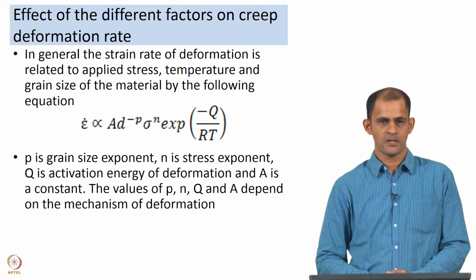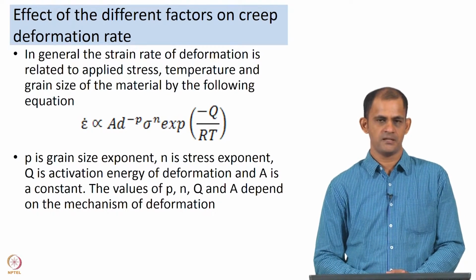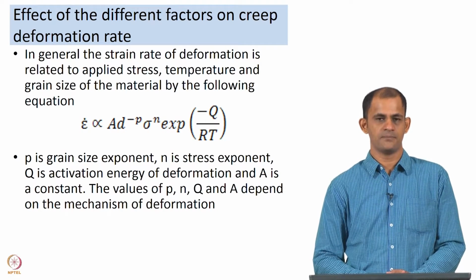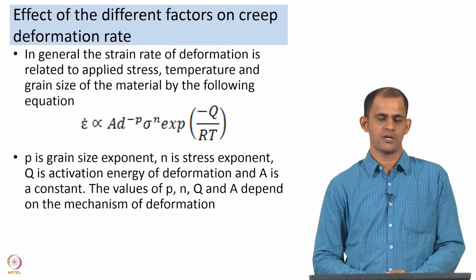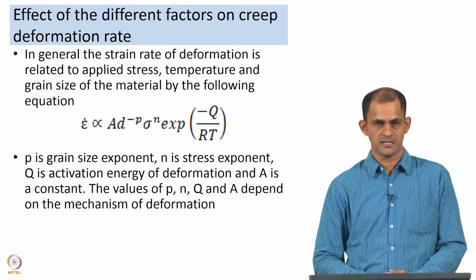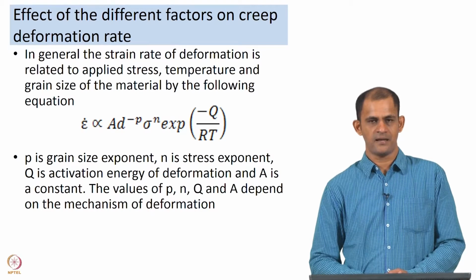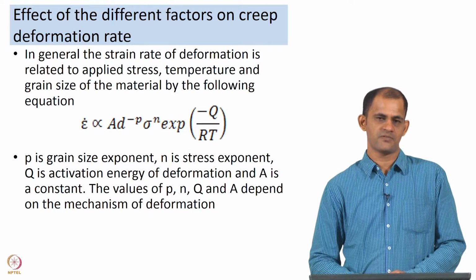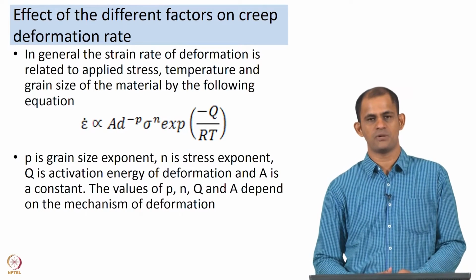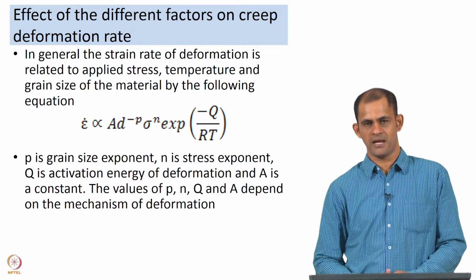A is a constant. Now, what people have observed is that the values of p, n, Q and A vary with the mechanism of deformation. So, if your creep deformation is happening by diffusion of vacancies, then you will have a certain set of values for p, n, Q and A, but if your mechanism of deformation is a dislocation based mechanism, then you will have a different set of p, n, Q and A values.